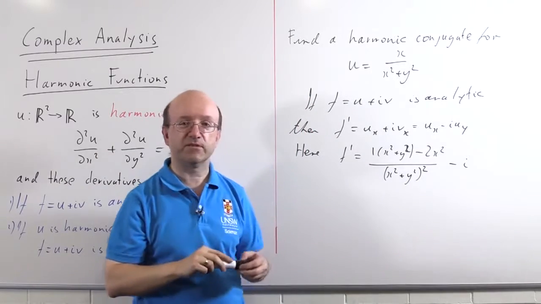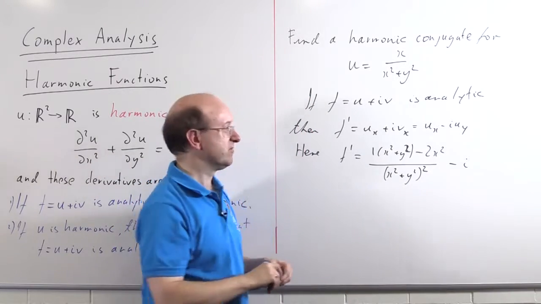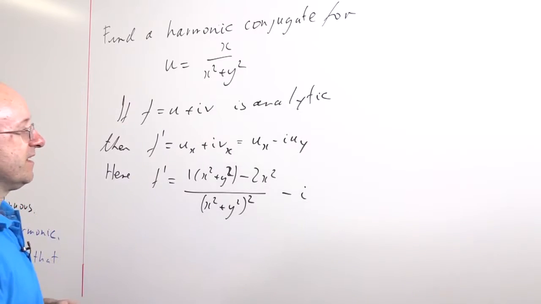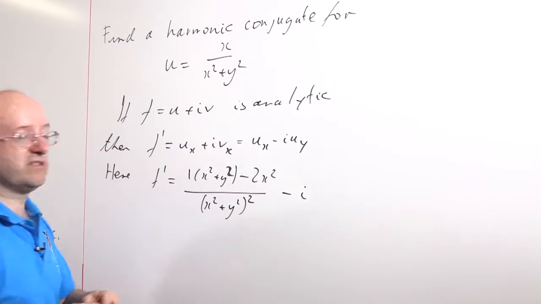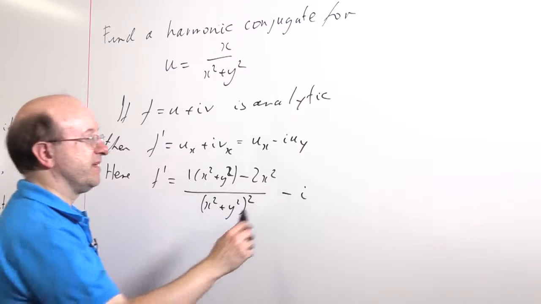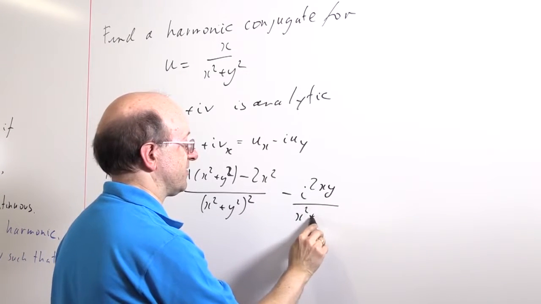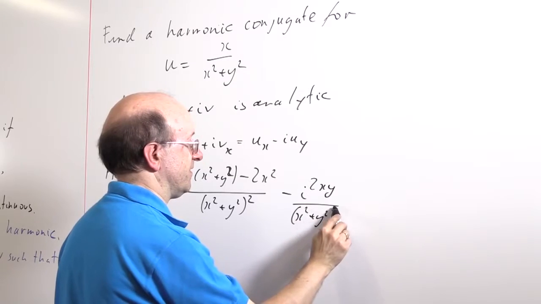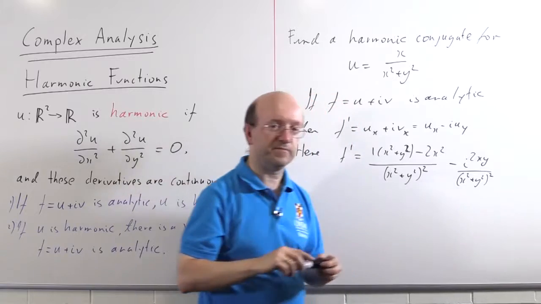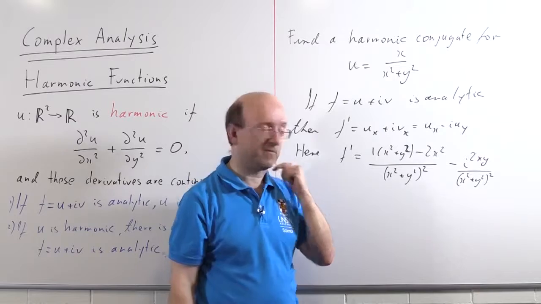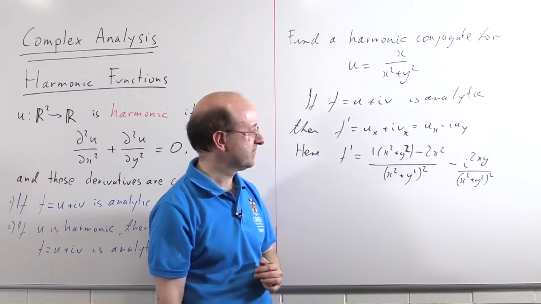So that's the thing you would have to integrate with respect to y, to do it the other way, minus i times, well, the derivative with respect to y is a bit simpler. It's 2xy over x squared plus y squared squared. So that's f dashed as a function of x and y.